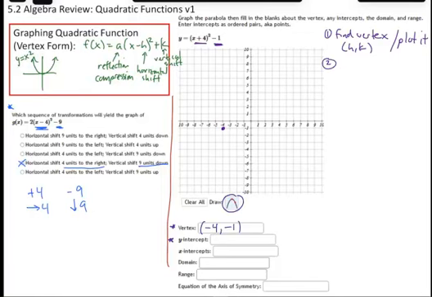What you then need to do is plot a second point. The easiest way to find the second point is to add or subtract 1 from the vertex. Okay, and so here, if my vertex is negative 4, the easiest thing to do is to just plug in a negative 3. Notice I'm going to evaluate my function, y of negative 3.